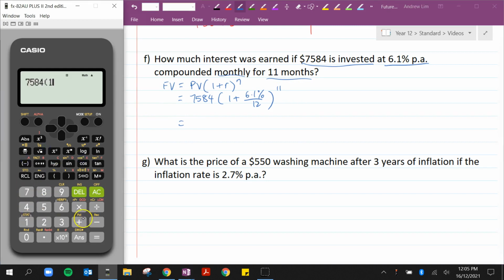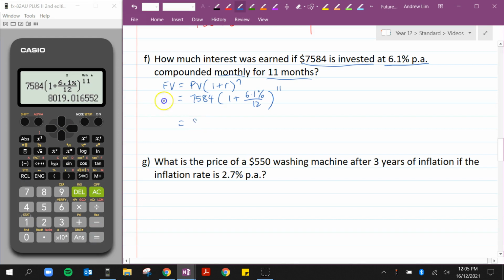$7,584 times 1 plus 6.1% divided by 12, to the power of 11, is $8,019.02. Again, the question says how much interest was earned, not what's the future value.